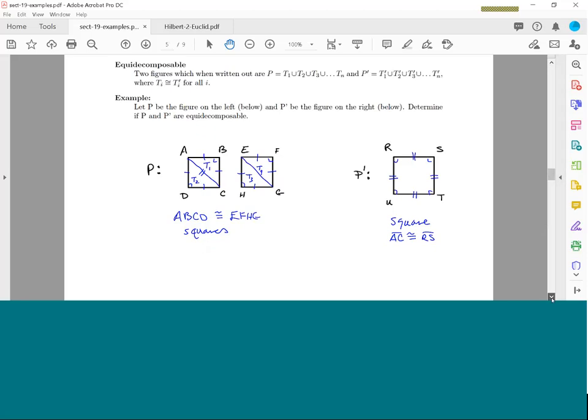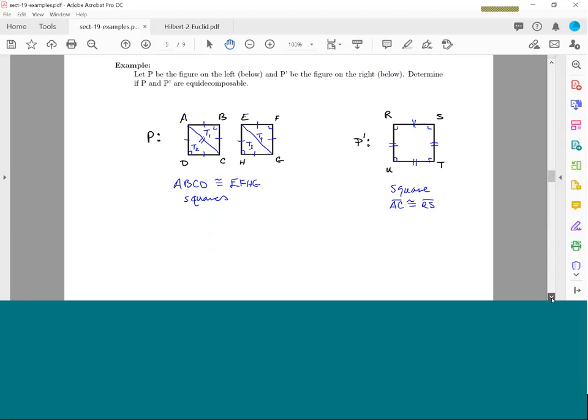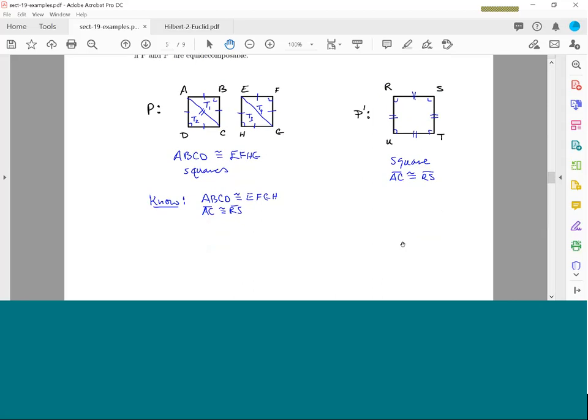Okay? Let's actually write down the stuff that we know. So we know the two little squares are congruent. But let's actually rewrite the name of the second square to something a little bit more logical. And we know that AC is congruent to RS. I am going to go ahead and claim that we have cut our figure P into 4 triangles, visibly obvious.